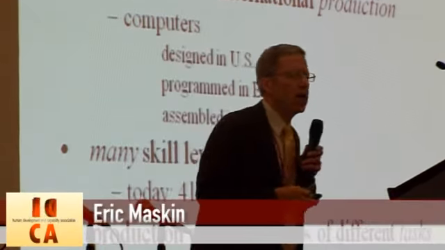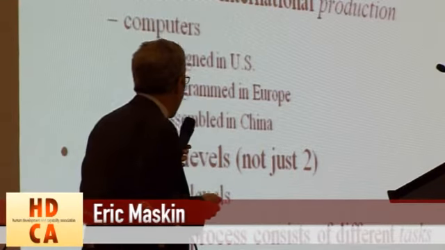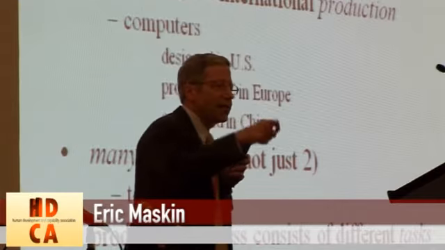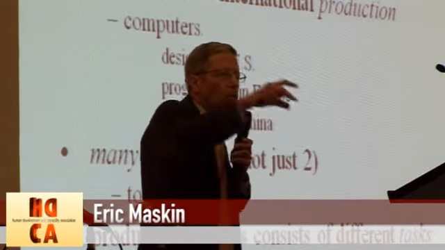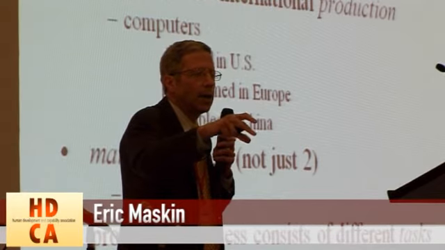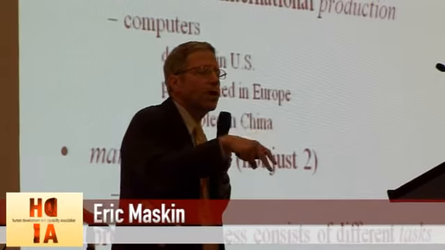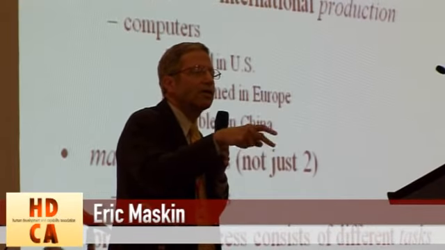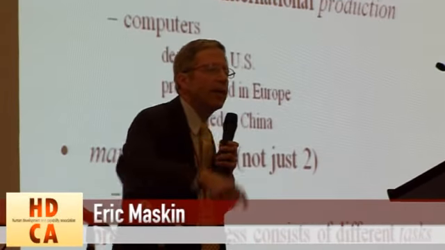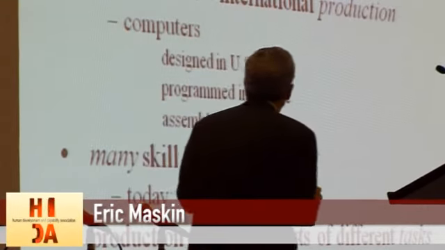And you should think of production as the process of taking workers and assigning them tasks. So the production process is a collection of tasks which have to be performed by workers.